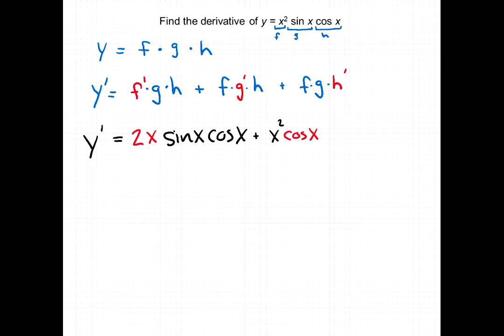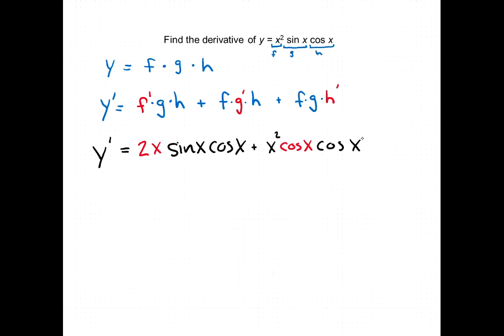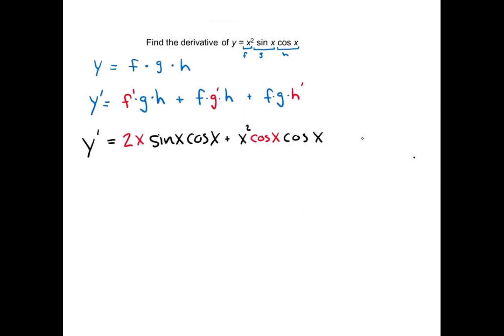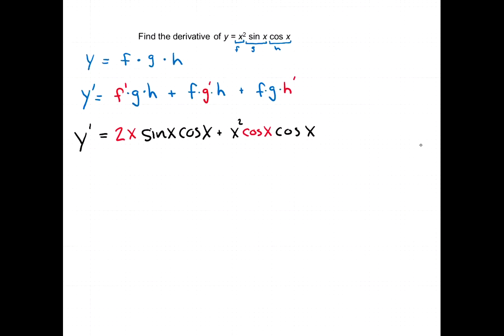And then there's another cosine at the end. Let's make this a little bit smaller so I have some room. And then finally, we'll leave the first one, x squared. We'll leave the second one, the sine of x. And the derivative of cosine is negative sine. So we'll have a negative sine of x.